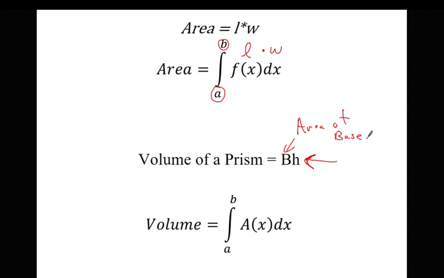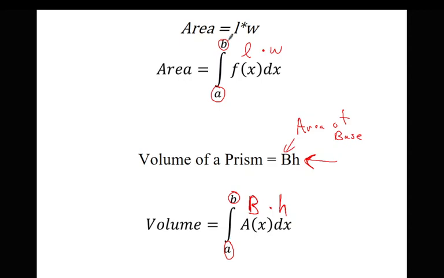So the base shape is what gave the prism its volume. You take the area of whatever base it was. If it was a triangular prism, the base area was a triangle, and then you multiplied it by the height. If it was a rectangular prism, the base shape was a rectangle, and you multiply that times the height. That's basically what we're doing here. This area is our big B times the height of our prism, which is now my limits.